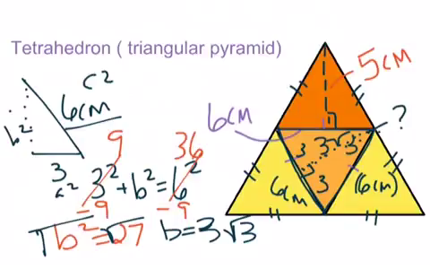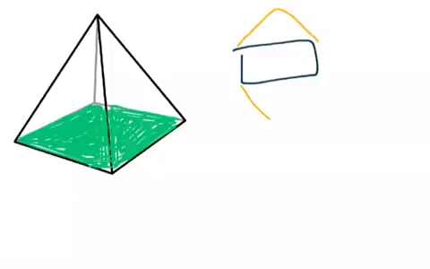So let's do one with a rectangular one. Let's do the net. So we're going to do a rectangle. Whoa, that's terrible.